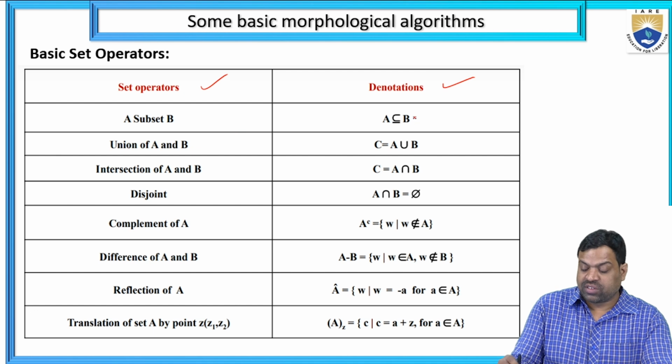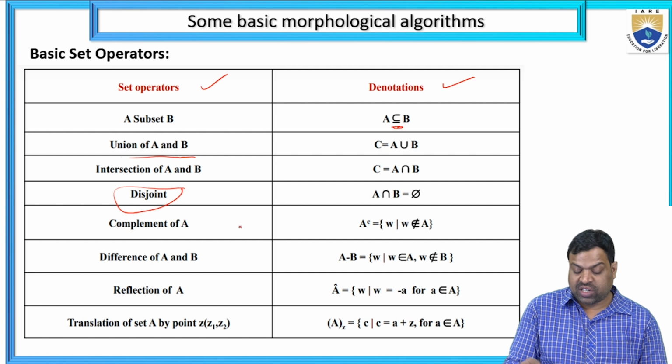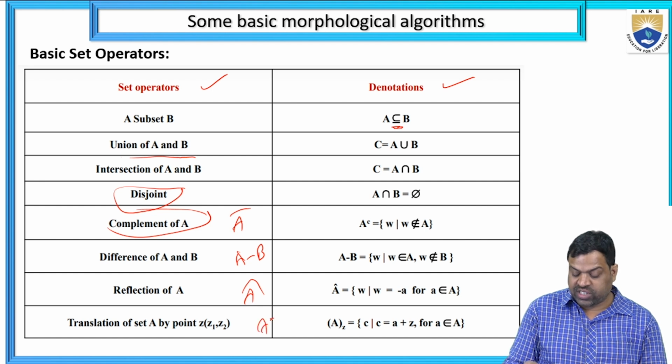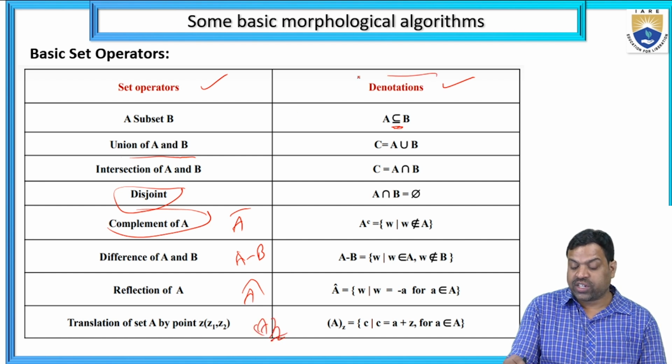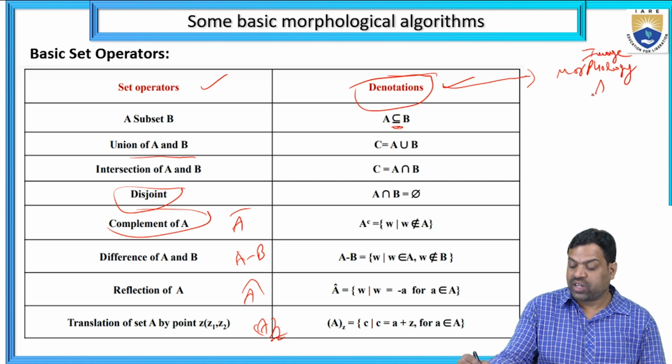A subset of B, the symbol is like this; the union, C equals A union B; the intersection, C equals A intersection B; disjoint sets; complement of A; difference of A and B, that is A minus B; reflection of A, that is this one; translation of set A by z, that is (A)z. So these are the set operators and notations. What is the need of this? We are using them in image morphology algorithms.